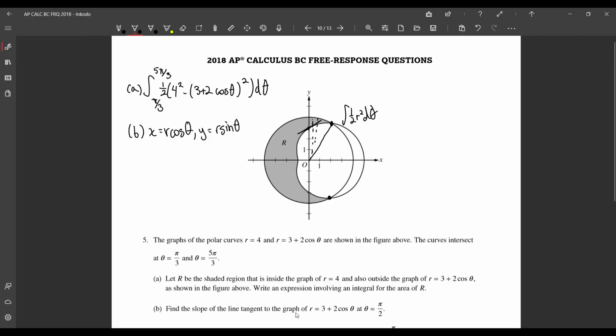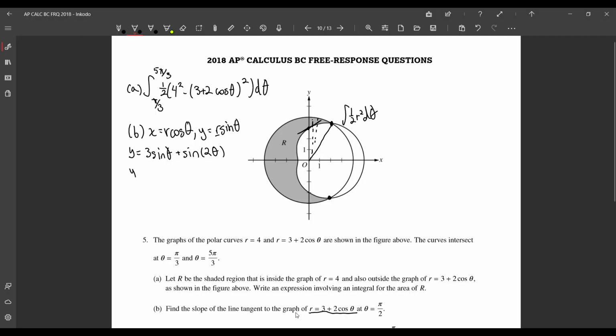I think that's the intended route, so y equals r sine theta. So r is, of course, this r right here. So 3 sine theta plus sine of 2 theta. Get that nice little simplification there.